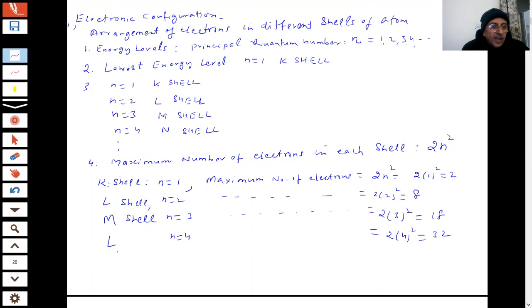And if I say n equal to 5, the shells are K, L, M, N, O. What should this be?